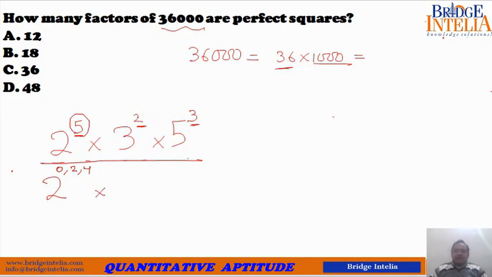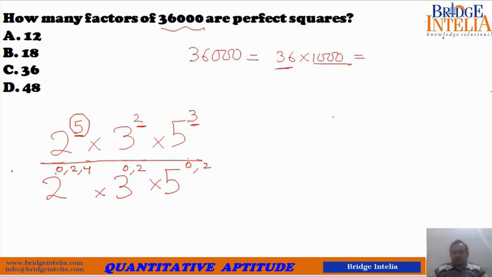Similarly, for powers of 3, only these 2 possibilities. What about powers of 5? These 2 possibilities. So you have chosen the powers carefully so that the factor you generate will always be a perfect square.